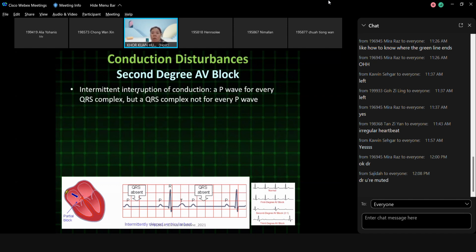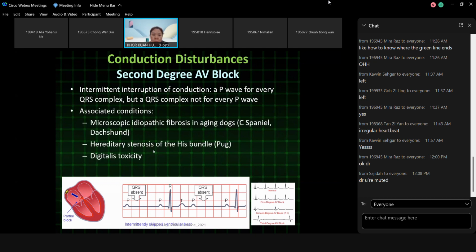Intermittent interruption of the conduction: a P wave for every QRS, but a QRS complex not for every P wave. Meaning it doesn't have one for every P wave. Again, it can be age related, it can be because of a hereditary issue in pugs, it can be because of digitalis toxicity.